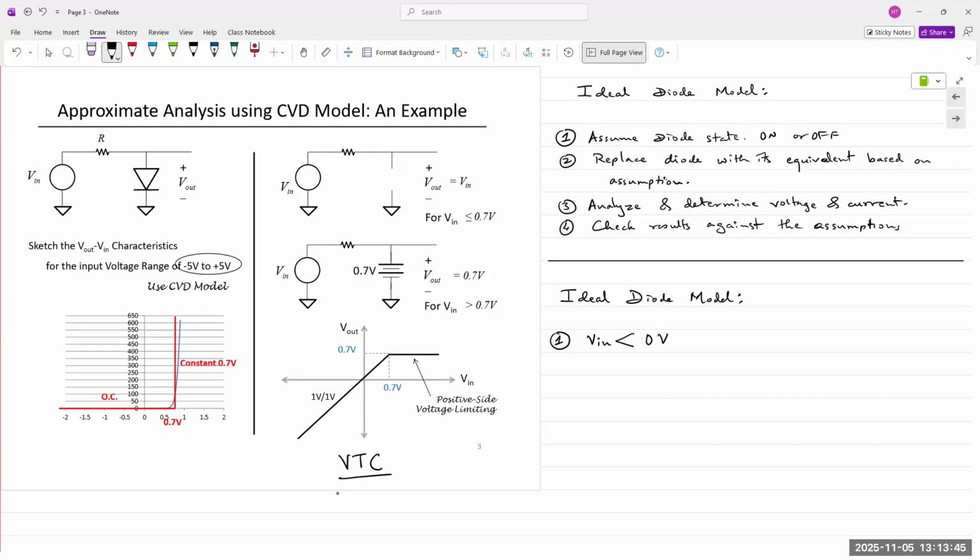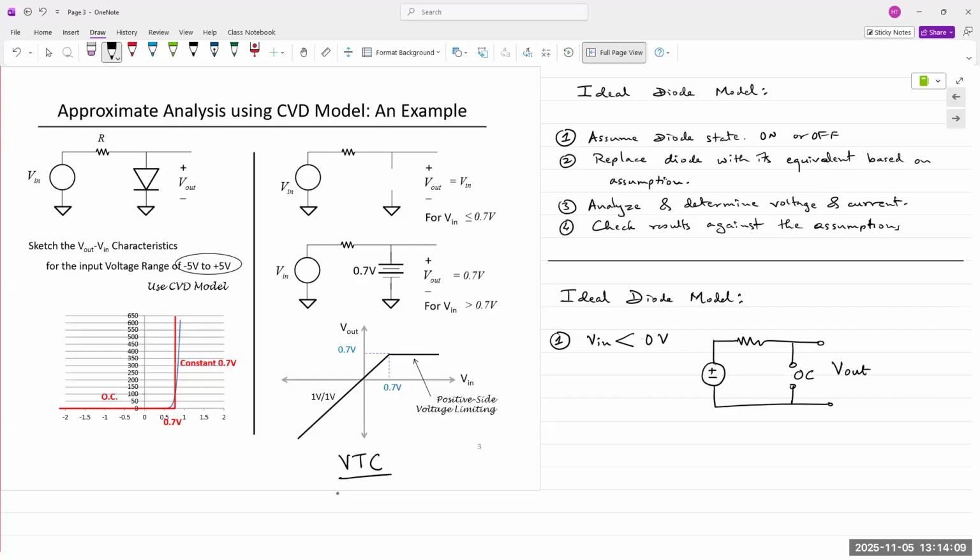If V in is less than 0, then the anode of the diode is held to a lower potential than the cathode, which means the circuit looks like this, and the diode is an open circuit.